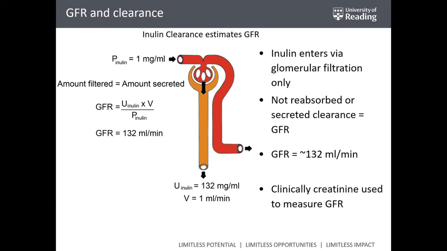So if I look at the concentration of inulin in the plasma and the concentration of inulin in the urine, where it gets obviously concentrated, then the glomerular filtration rate will correspond to the clearance of inulin, which is the ratio between the concentration of inulin in the urine and the concentration of inulin in the plasma times V, which is the volume of blood that arrives in the kidney per minute, which for simplicity here is approximated to 1 milliliter per minute. So that is inulin, but at a clinical level, we actually use creatinine.